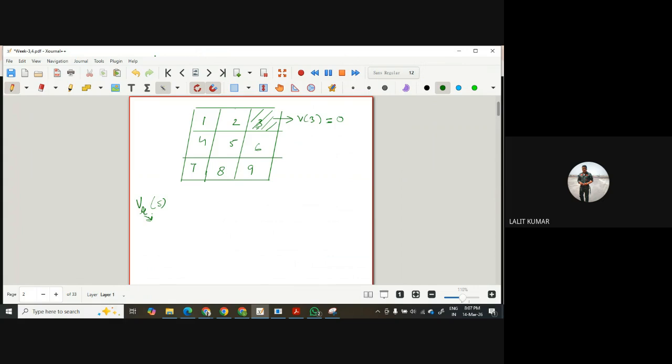If it is a stochastic policy, for example, in state one there are actions north, south, west, east, and I have to calculate the value function of S. And the policy says that in one, I can move north, south, east, west with equal probability.